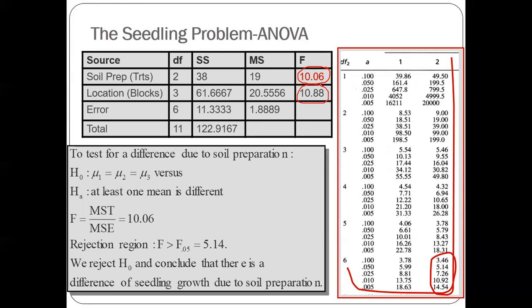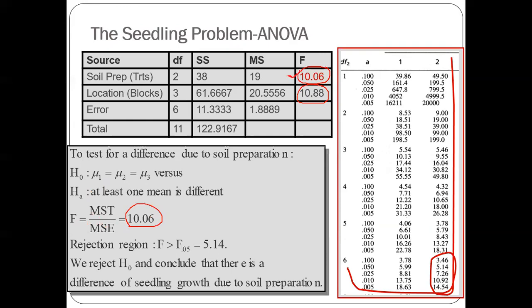Now, to test for a difference due to soil preparation, the null hypothesis we state is mu1 equals mu2 equals mu3, and the alternative hypothesis is that at least one mean is different. The F value is MST divided by MSE, and we get 10.06.